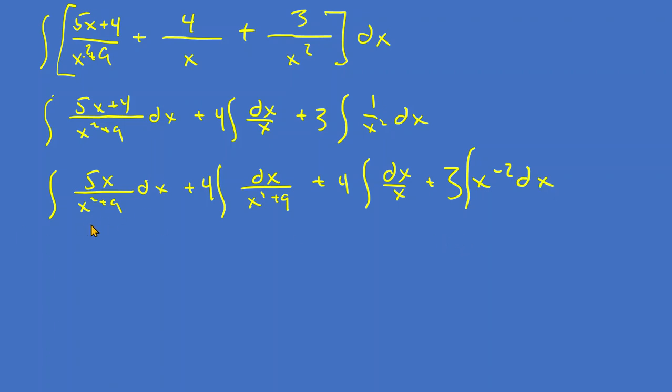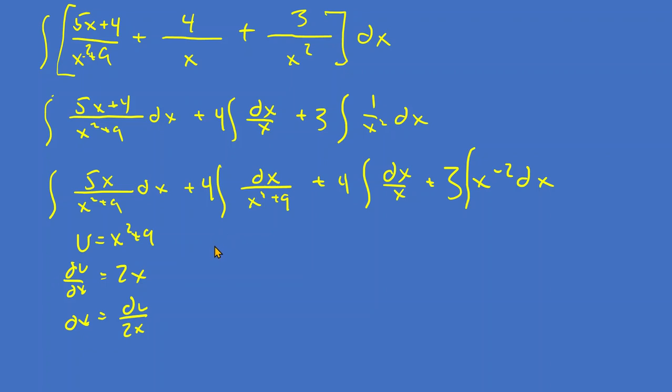Now, the first one here is a u substitution problem. u is equal to x squared plus 9. So du dx is going to be equal to 2x, so dx is equal to du over 2x. This one is an arctangent problem.